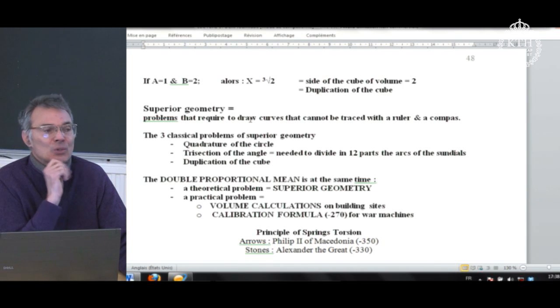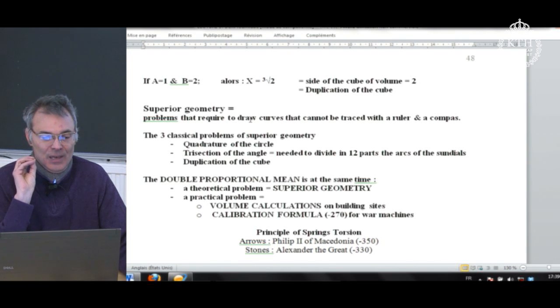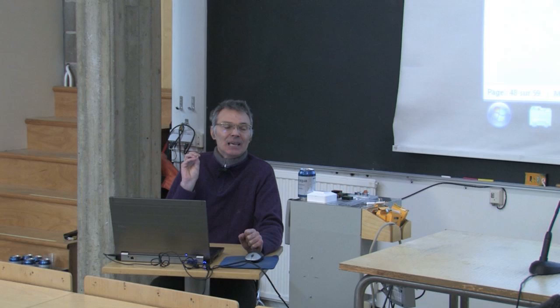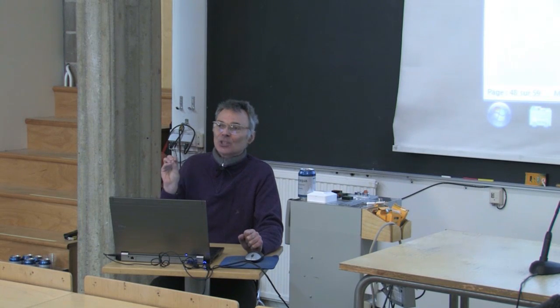So those constructions belong to what is called superior geometry, as opposed to elementary geometry, which is the topic of Euclid's Elements. Superior geometry, as the name tells us, is actually the advanced field of research in mathematics in antiquity.